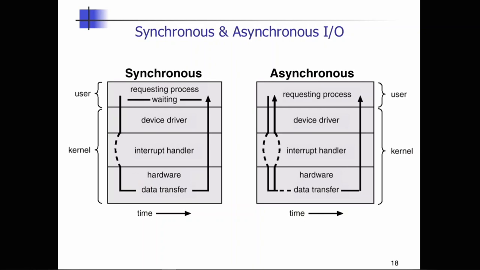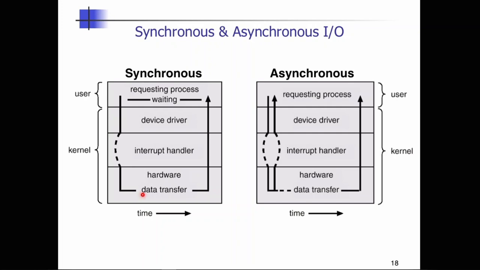And then the device controller in return is going to examine the contents of these registers to determine what action needs to take place. The controller then starts the data transfer from the device to its local buffer. And as we discussed earlier, the device controller comprises two things. One is your registers and the local buffer.